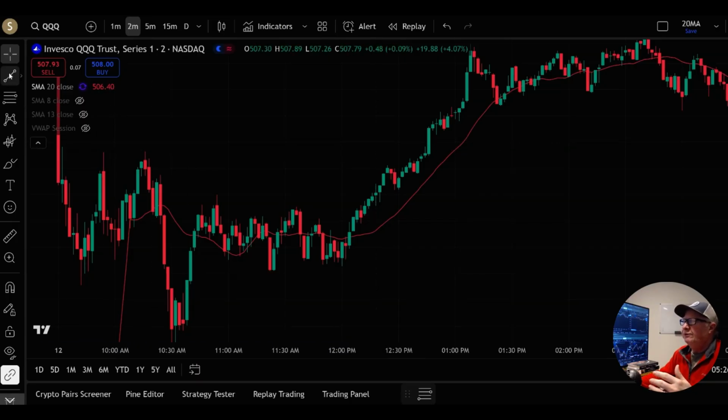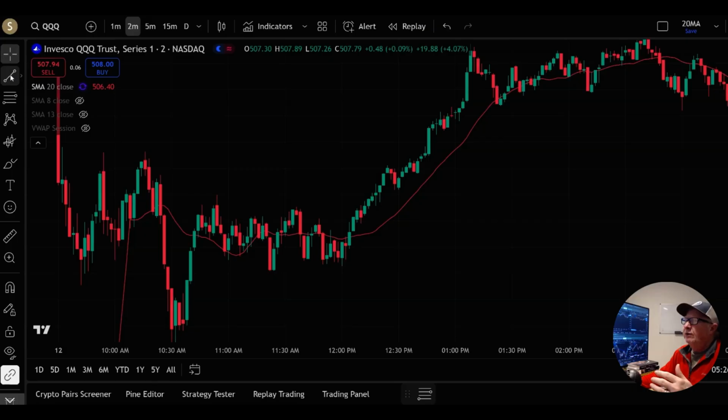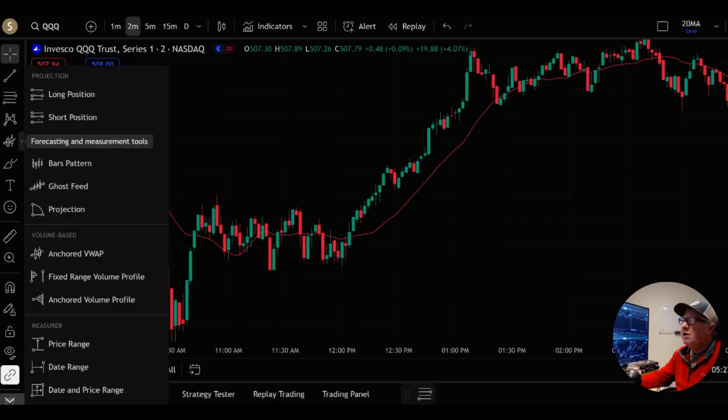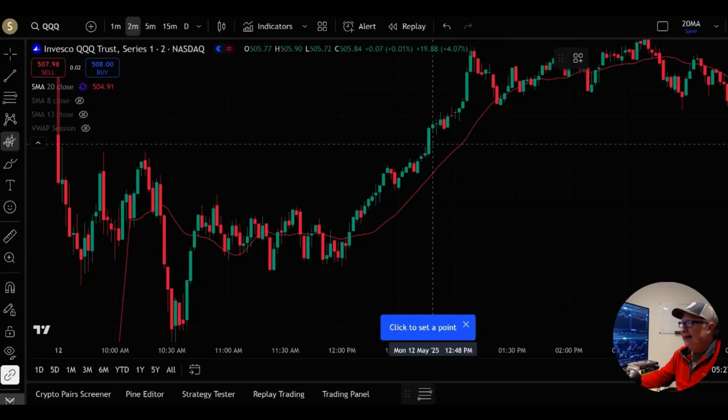So what you want to do is go down from your cursor in TradingView. You want to go down 1, 2, 3, 4 to forecasting and measurement tools. And in there, you'll see volume based and you'll see anchored VWAP. So you're going to click on anchored VWAP. And what's going to happen is this little blue box is going to pull up and ask you where you want to anchor the VWAP.